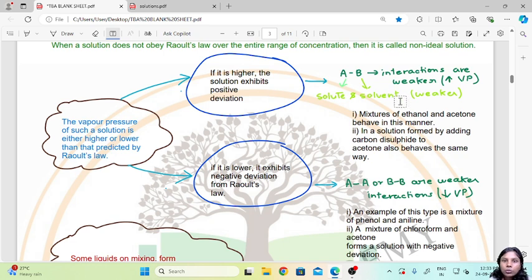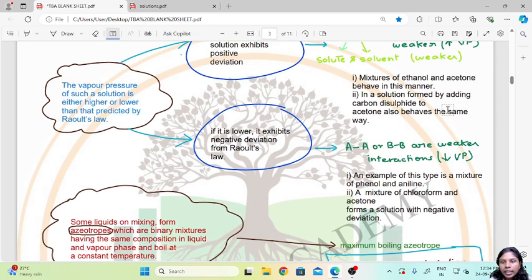So the pure component interactions are much stronger than the binary interactions, that is A to B. Because of this, the vapor pressure will increase. An example of this is that mixtures of ethanol and acetone behave in this manner. Another is the solution formed by adding carbon disulfide to acetone, which also behaves in a similar way.